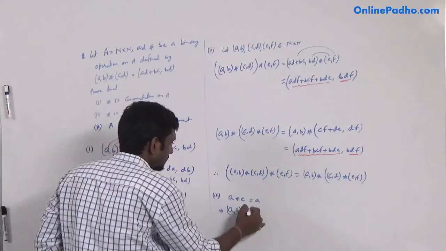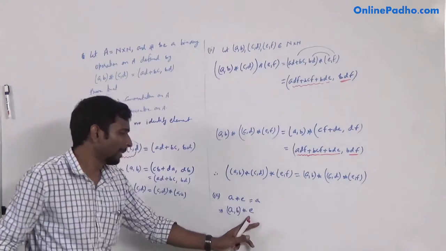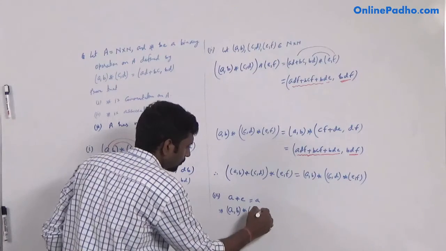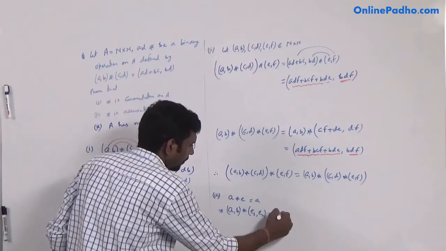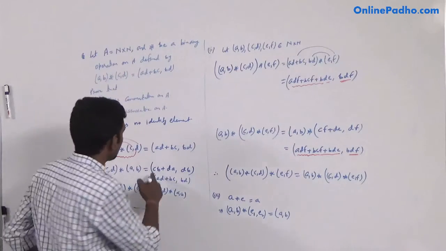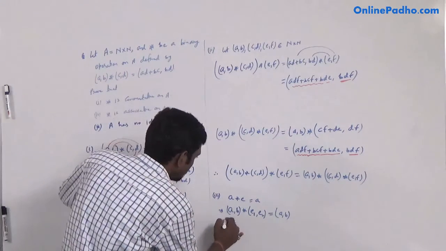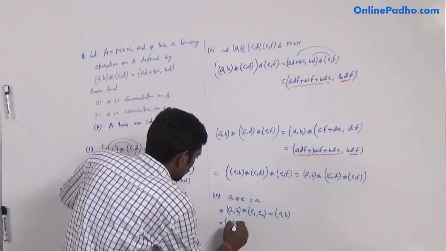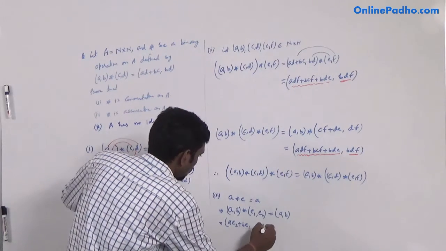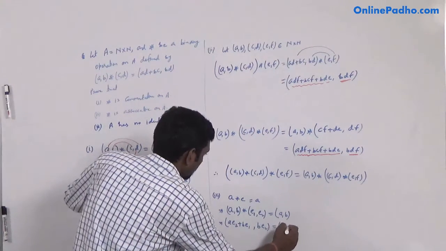What do we mean by this element? This is not an ordered pair. Let us consider this ordered pair E1, E2, and that is equal to AB. Now by this binary operation we can write it as AE2 plus BE1 comma BE2 is equal to AB.